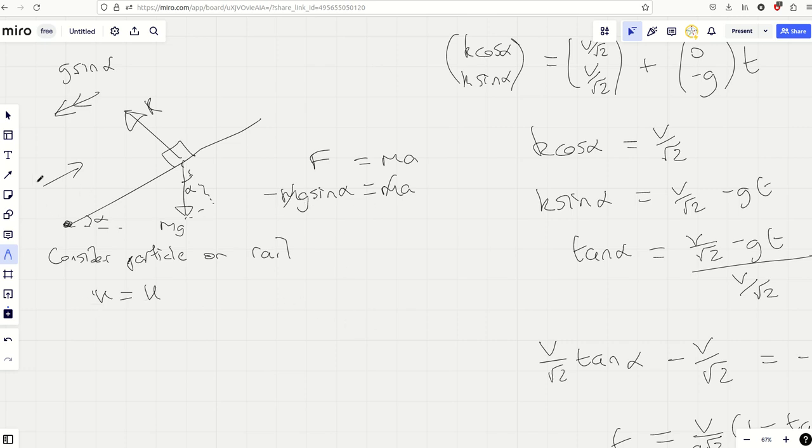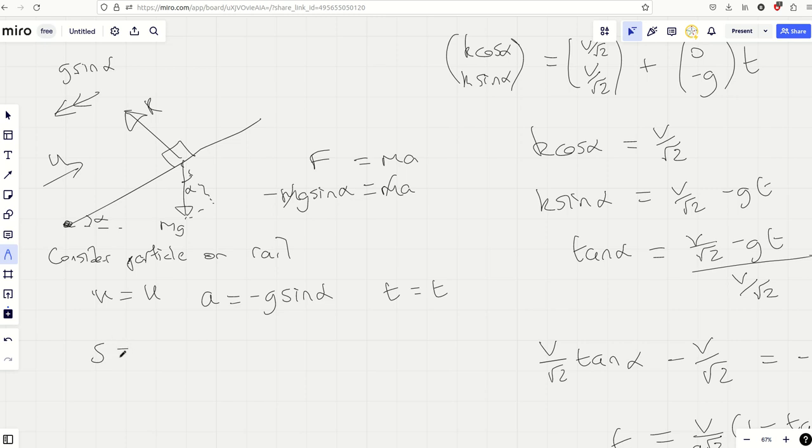So u equals u. a equals minus g sine alpha, yeah? And what else do we know? Well, we can actually work out the displacement as well, because if we think about what we're doing here carefully, let's put down t equals t here.